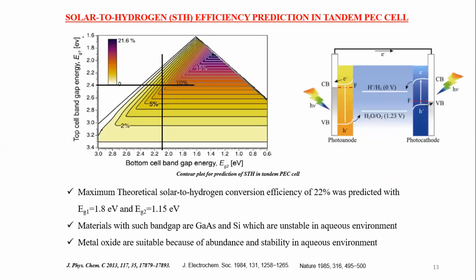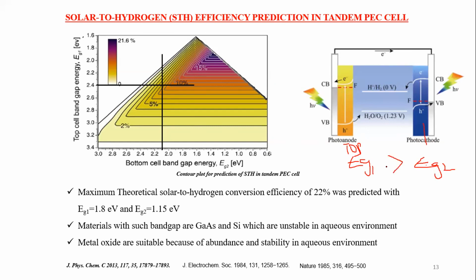To choose a combination of photoelectrodes for this system, as I told you before, for the photoanode we need to choose an N-type semiconductor and for the photocathode a P-type semiconductor. Apart from that, imagine that this is the electrode and the light passes through this electrode first. Let us define its band gap as Eg1, the top electrode, and imagine that this is the bottom electrode, whose band gap I define as Eg2.